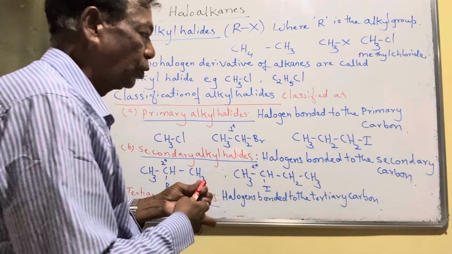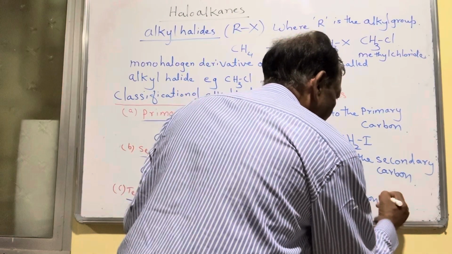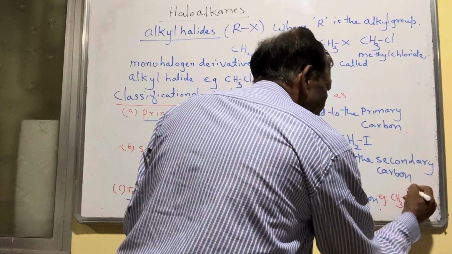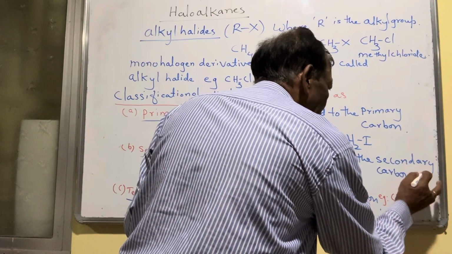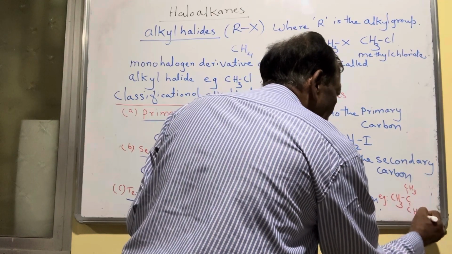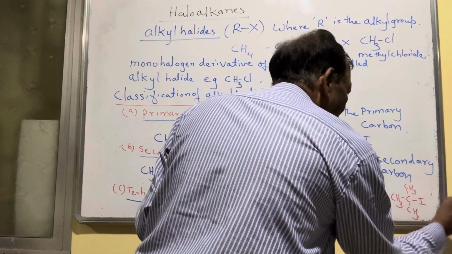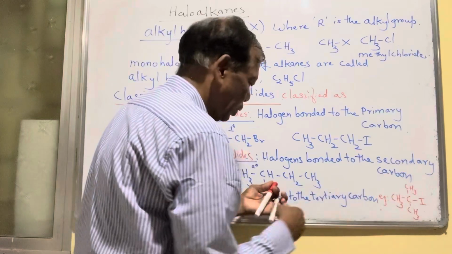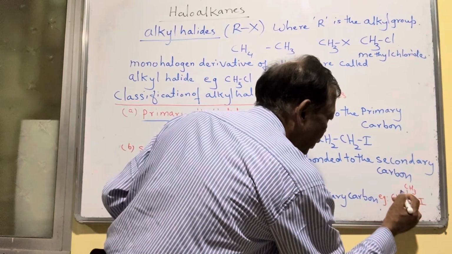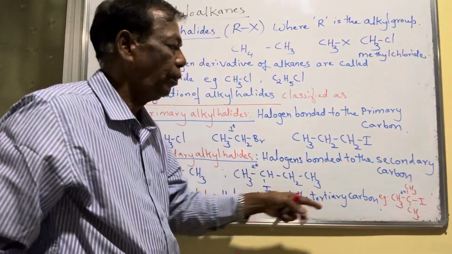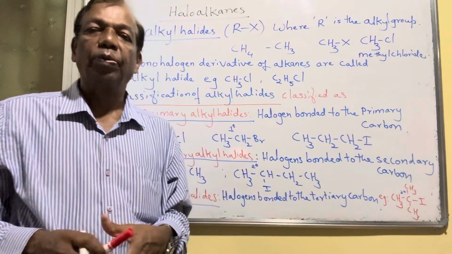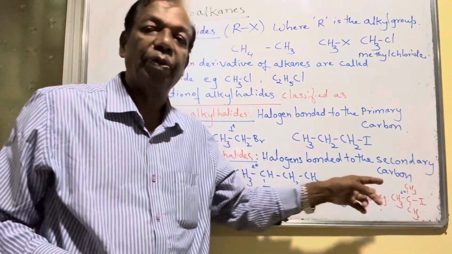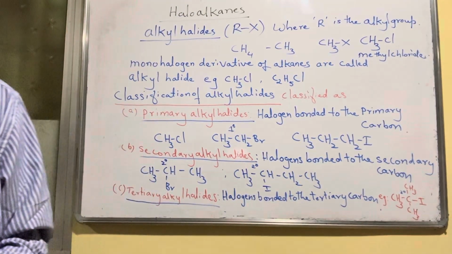Suppose I have CH3, CH3, CH3 and I. So this carbon here is a tertiary carbon. Here the halogen is bonded to the tertiary carbon. What is a tertiary carbon? A carbon bonded to three other carbons is called a tertiary carbon.